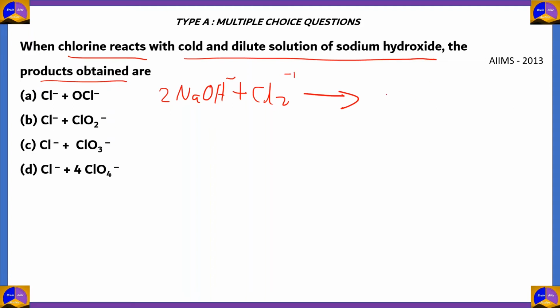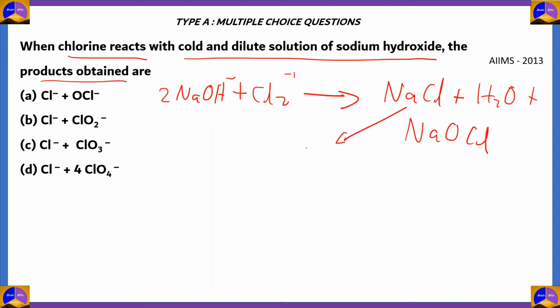So one of the chlorines goes here, so it becomes NaCl. And we have one of the other H pluses, since there are two. So one of the H's gets out and it reacts with OH to become water. But we also have one more sodium with an oxygen. So that forms NaOCl. So these are the products.